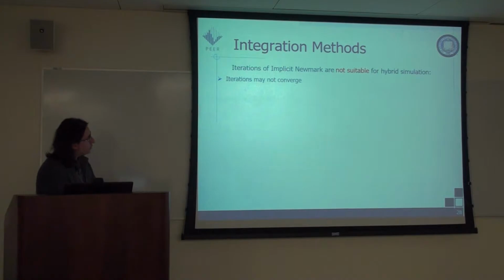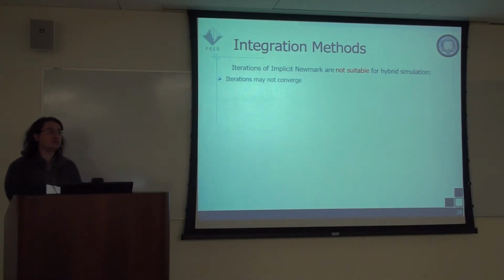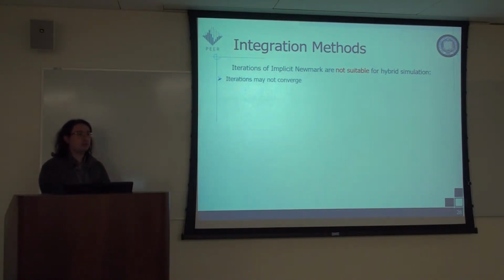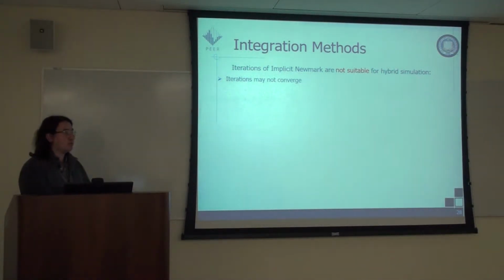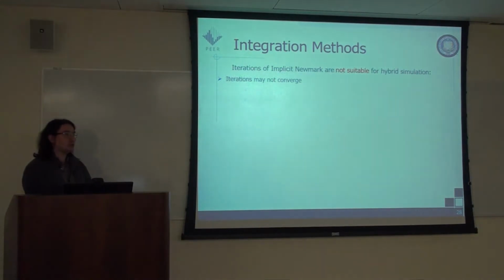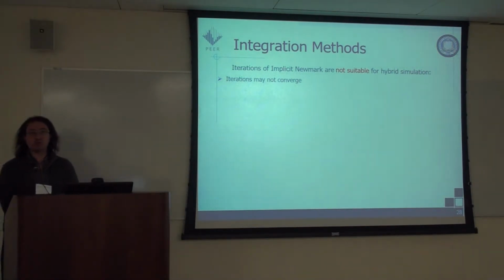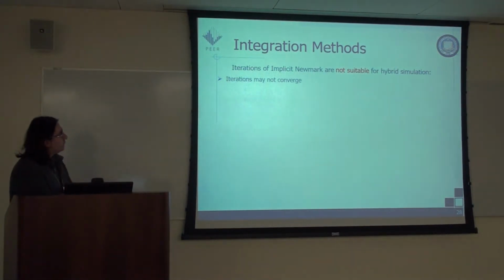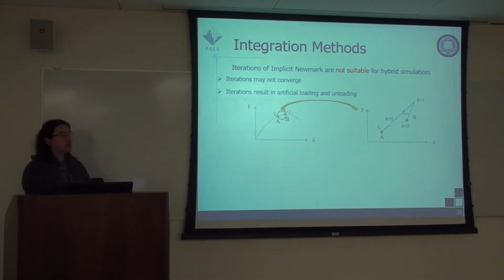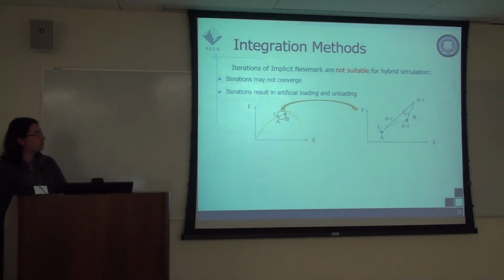The first reason that iterations are not suitable is they may not converge at all. So you may be running a test, and in the middle of the test, if the iterations do not converge, you may not be able to finish the simulation, leaving a damaged specimen in the middle. So this should obviously be avoided. And the second reason is that all the iterations result in artificial loading and unloading on the specimen, which are not part of the true dynamics.